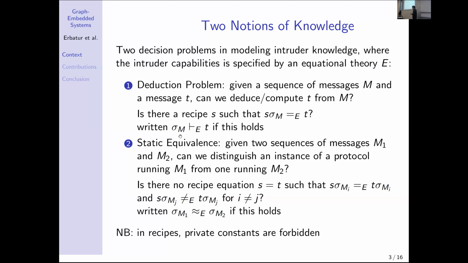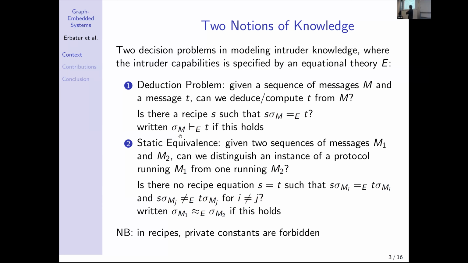And so basically, the set of messages is represented by a substitution. We have a term corresponding to a secret, T, and we want to determine if there is a context, S, for which the term S instantiated by the substitution leads to the secret.